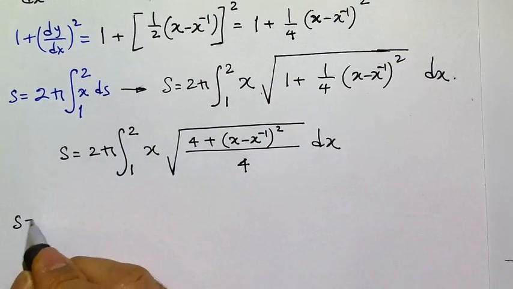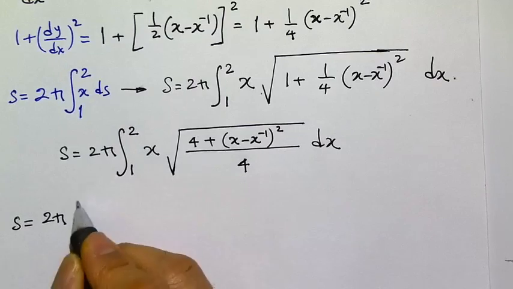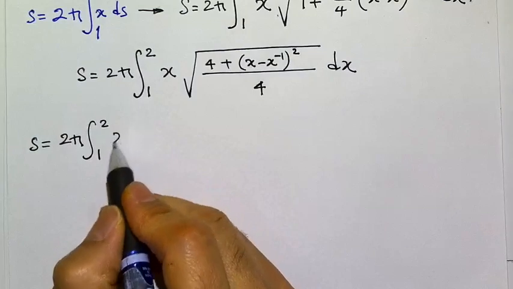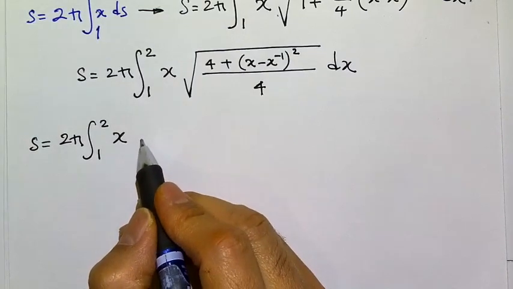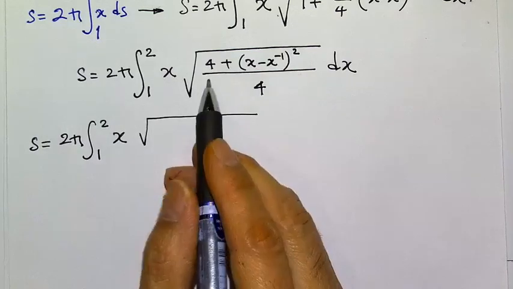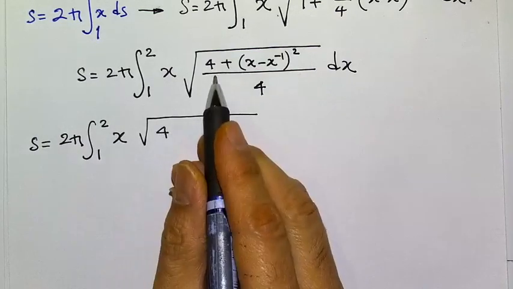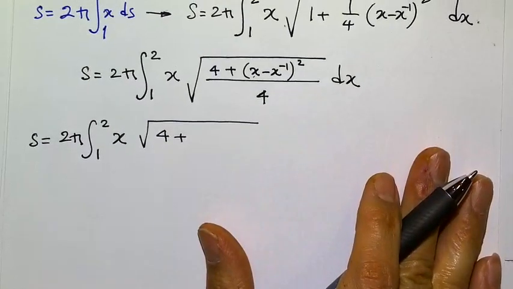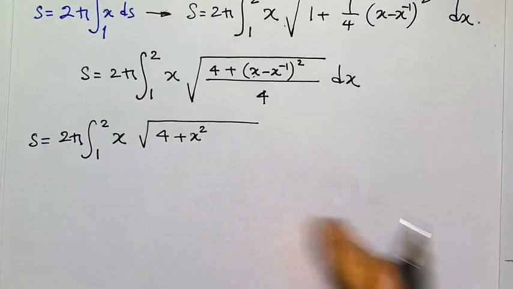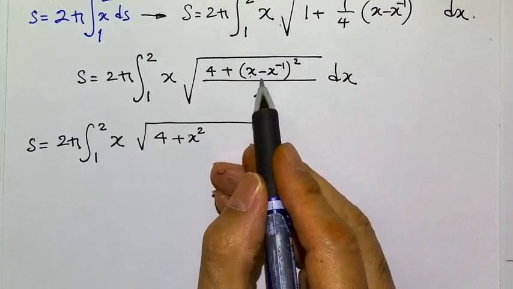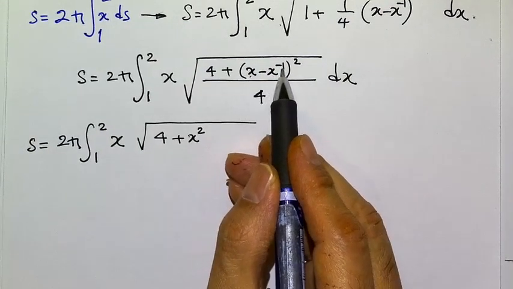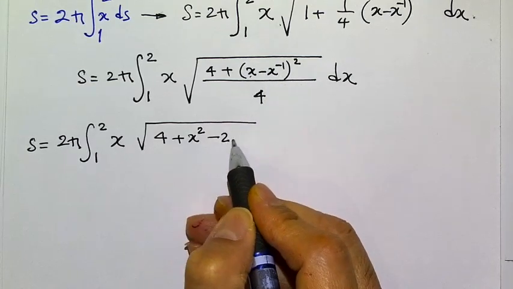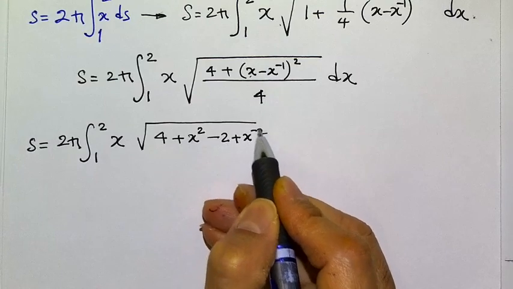So let's do that. S equals 2 pi times, move this up a little bit. We end up, just like before, with 4 plus x squared and then minus 2 times x to the minus 1 power. The x terms drop out. We end up with just minus 2 plus x to the minus 2 power.